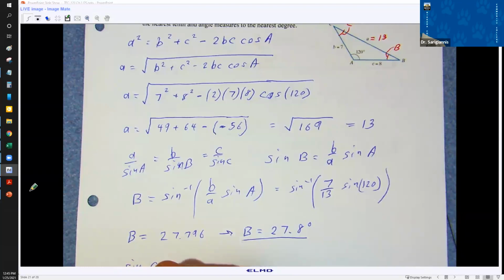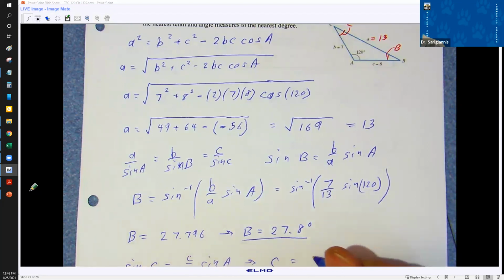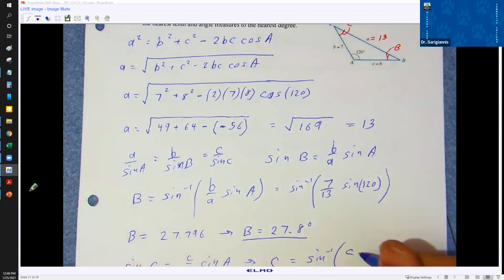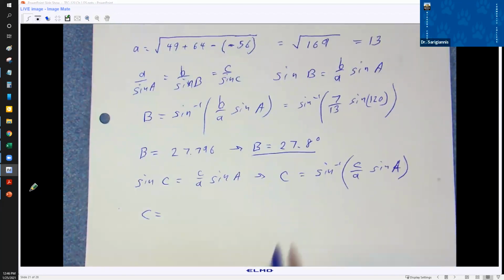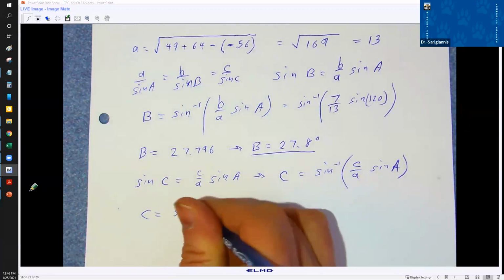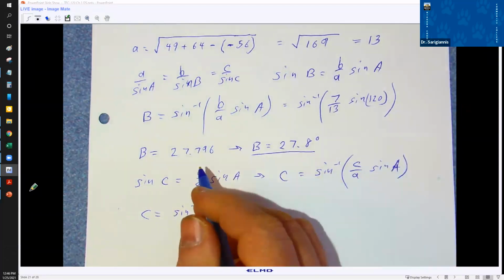Sine of C equals C over A sine A. And then we've got C is just the inverse sine of C over A sine big A. All right, if we plug those numbers in, we have C is the inverse sine of, what do we got?